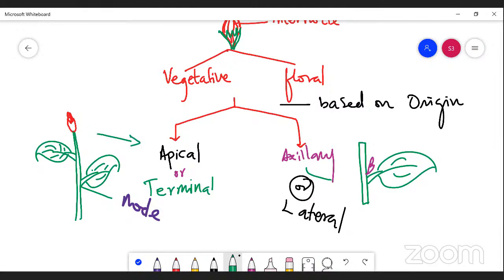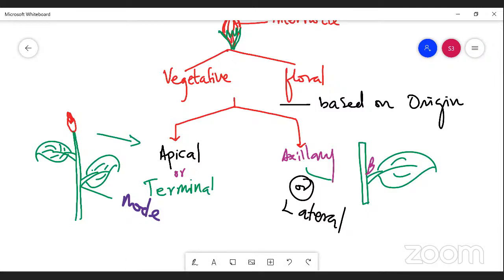Generally, there are two types of buds present in almost all members of plants, whether dicotyledon or monocotyledon. If you take any plant, you can see there are two types of buds, apical buds and axillary buds.